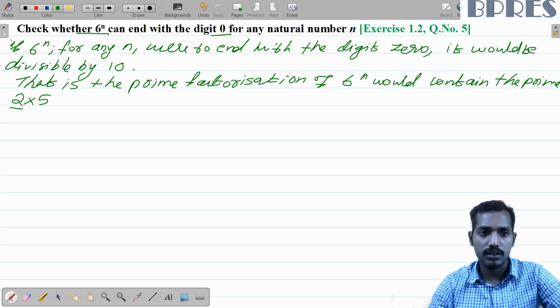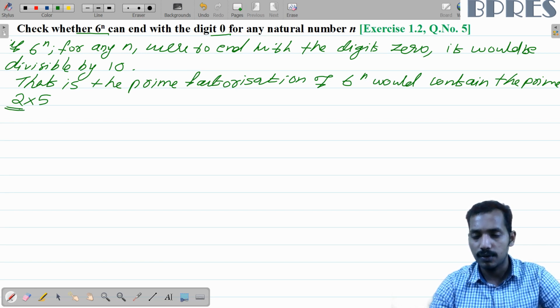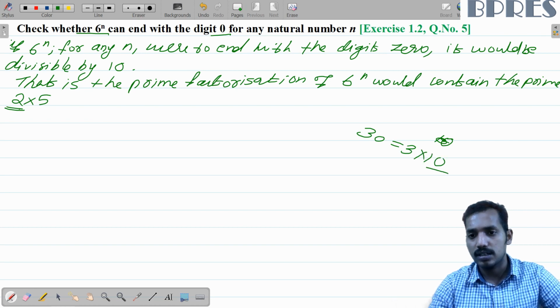But here 2 is already contained. Why 2 and 5? Because to end with the digit 0, at least 10 should be a factor of that number, or it should be divisible by 10. For example, we can write 30 as 3 into 10, while the prime factorization of 10 is, again, 2 and 5.